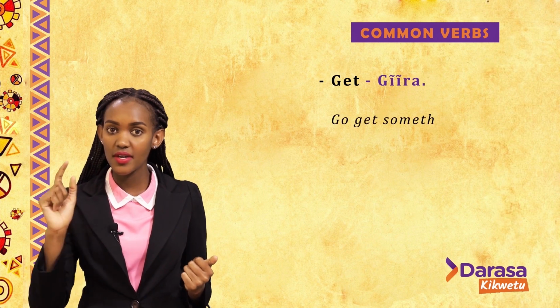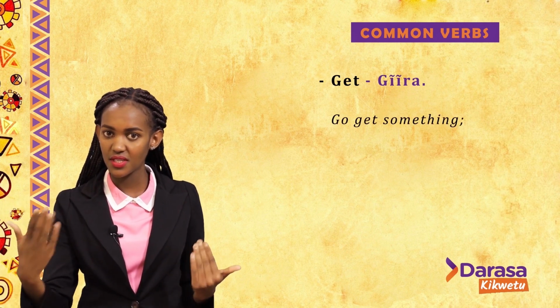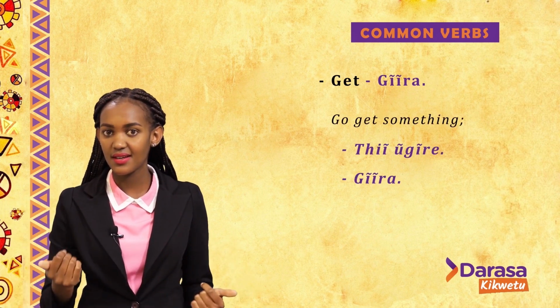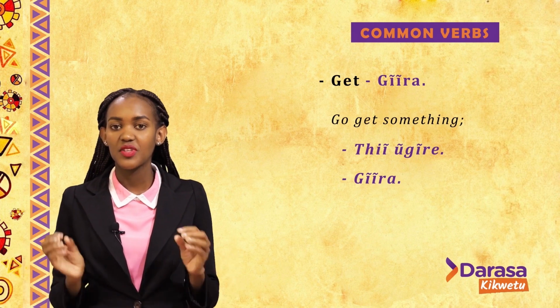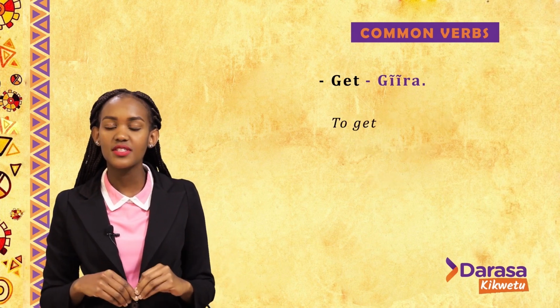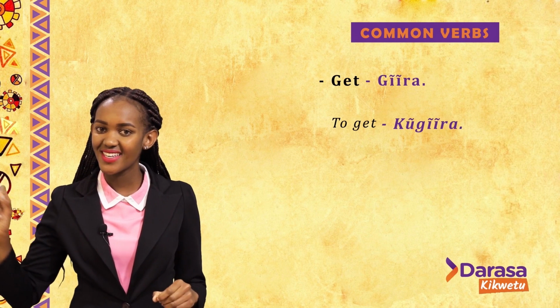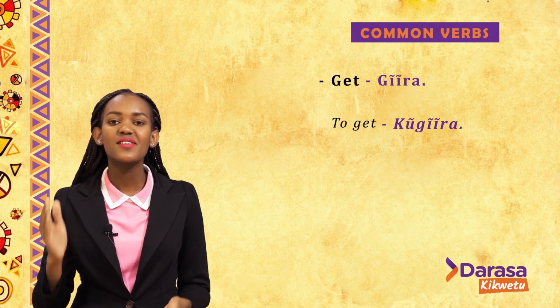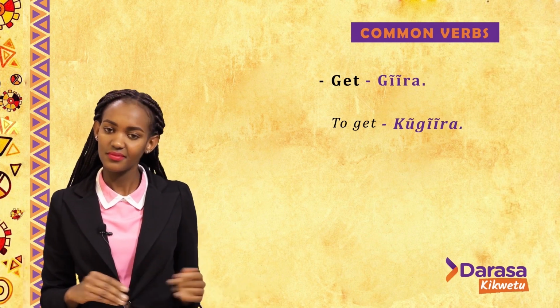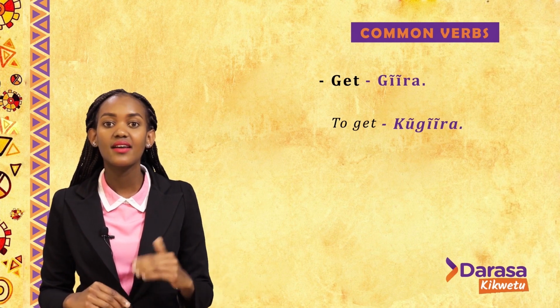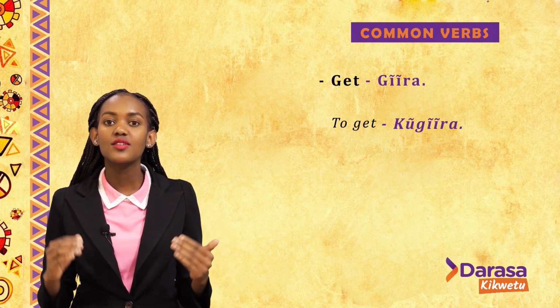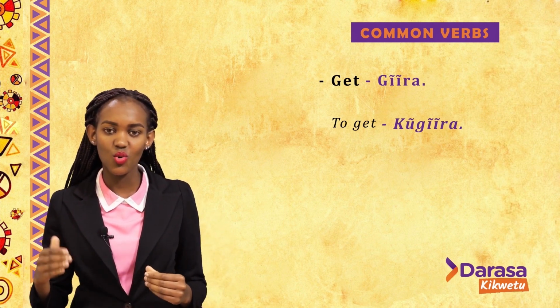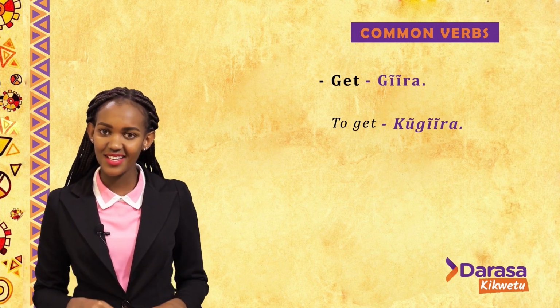When we say go get something, we say the ogere. So to get, we'll say kogera. Perfect. So get is gera. To get is kogera. Let's say that together.